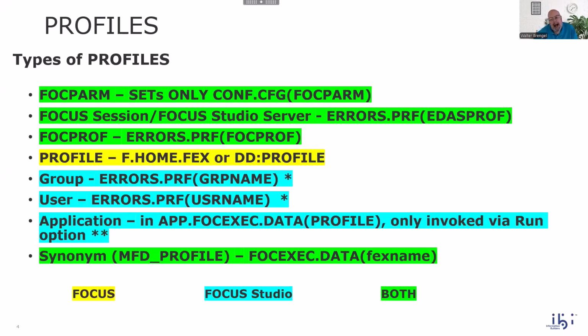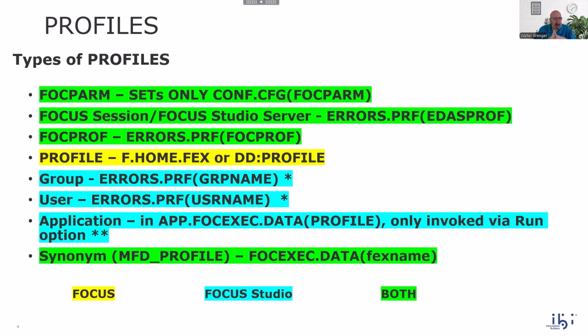I highlighted in green the things that get processed by both Focus and Focus Studio. Blue is Focus Studio only, and yellow is Focus only. So we start off with FocParm.